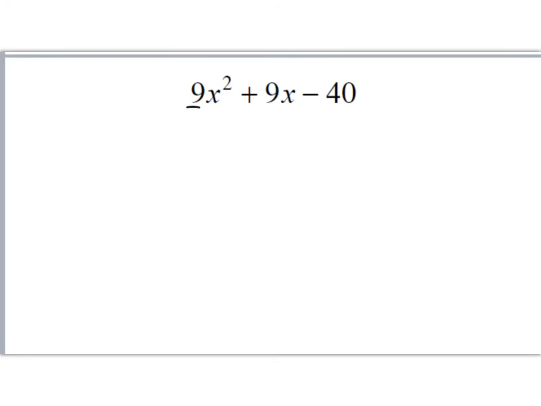This one I'm going to multiply the 9 times the 40, and that gives me 360. And in the moment, don't worry about the negative sign. Now, 360, this could take just a little bit of time here.